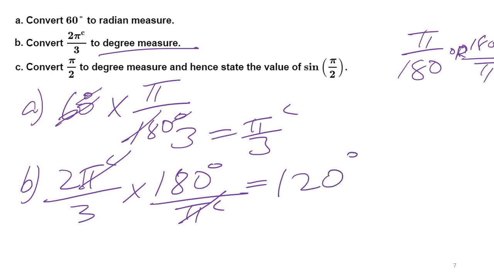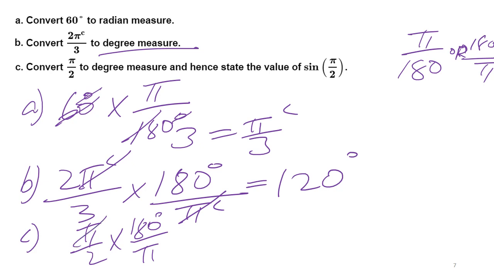Simple enough. Let's do a slightly harder one. So let's look at C. First, there are 2 steps. It wants you to convert to degrees first, then calculate the value of sine of pi over 2. So I want pi over 2 in degrees. So how do I do it? Well, I'm going to multiply by 180 degrees over pi.